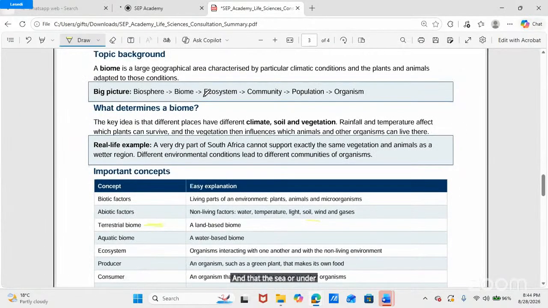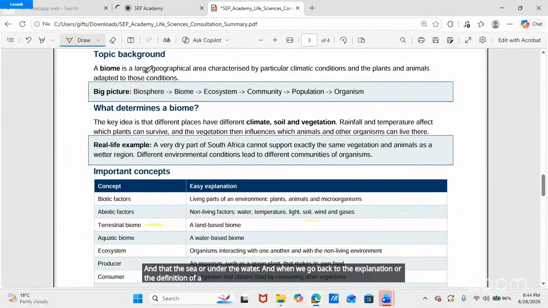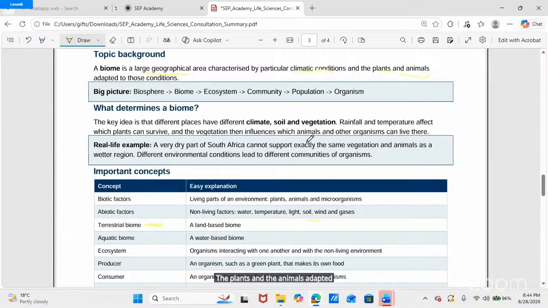And when we go back to the definition of a biome, we said that it is a large geographical area that is characterized by its climatic conditions, and the plants and the animals adapted to the conditions. Right? So in a terrestrial biome, we're talking about the land-based one, right?